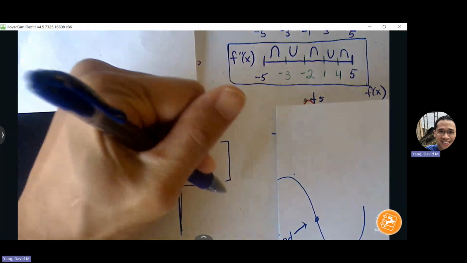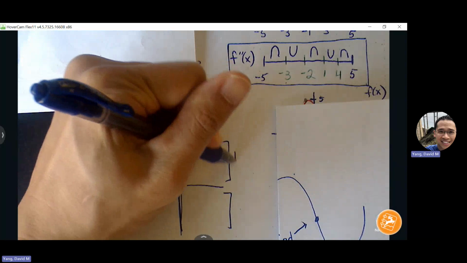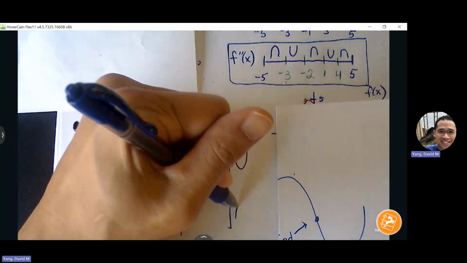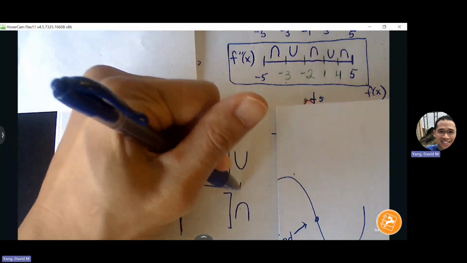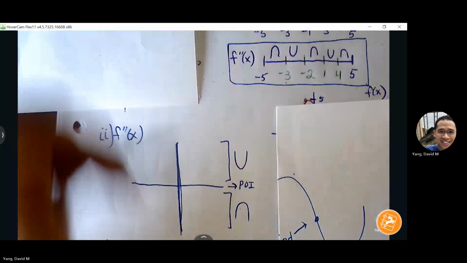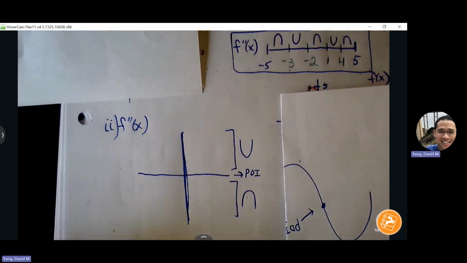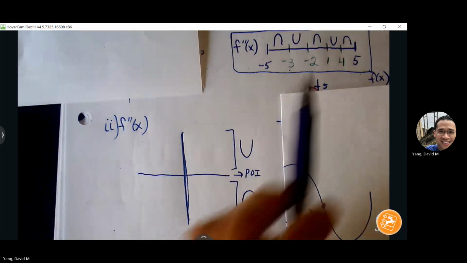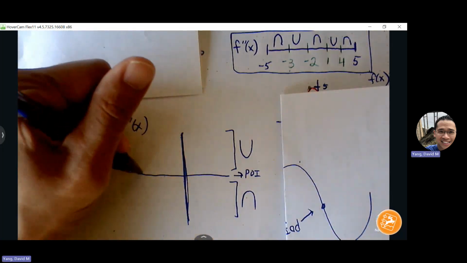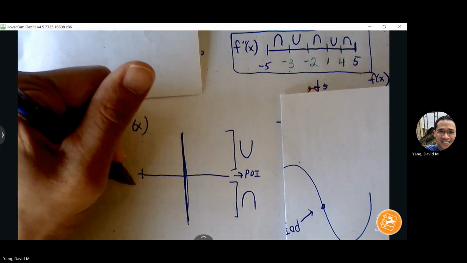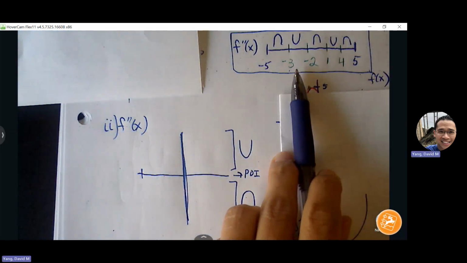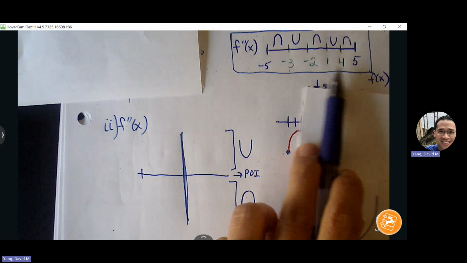So above the x-axis means where my original graph is going to experience concave up. Below is concave down. On the x-axis is point of inflection. Right? How can we start off? What can we place onto the second derivative graph? Endpoints. Okay, what else? X-intercepts, right? So -3, -2, 1, and 4.